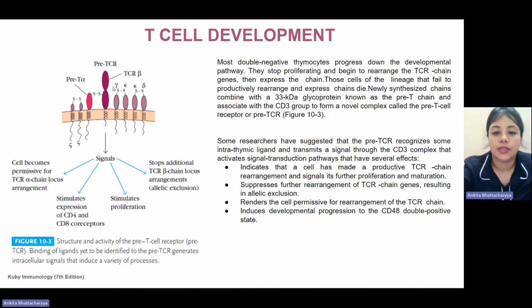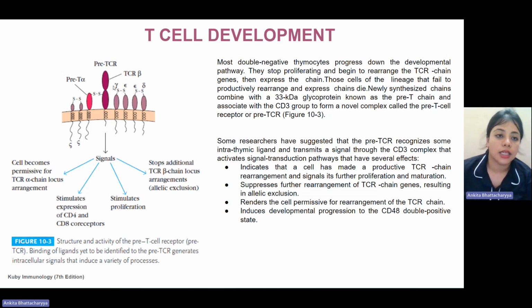So basically what they're saying is that when the pre-TCR recognizes some antigens present within the thymus, signal transmission is carried out by the CD3 complex, which activates the signal transduction pathways. It indicates that a cell has made a productive TCR rearrangement and allows its further proliferation and maturation.